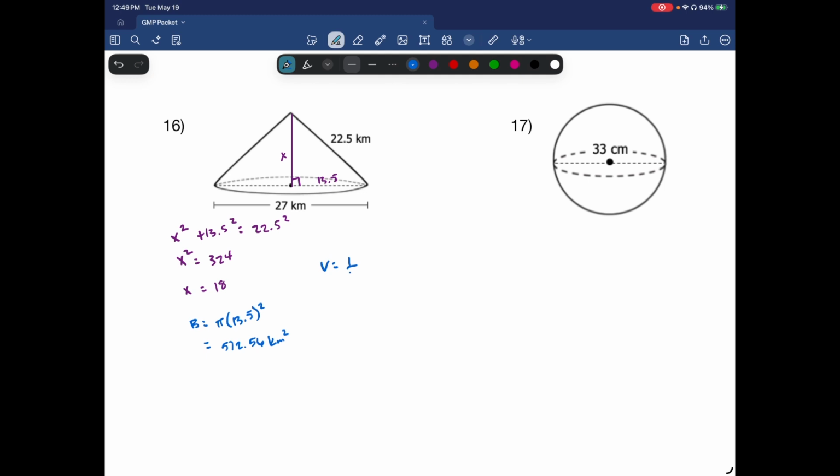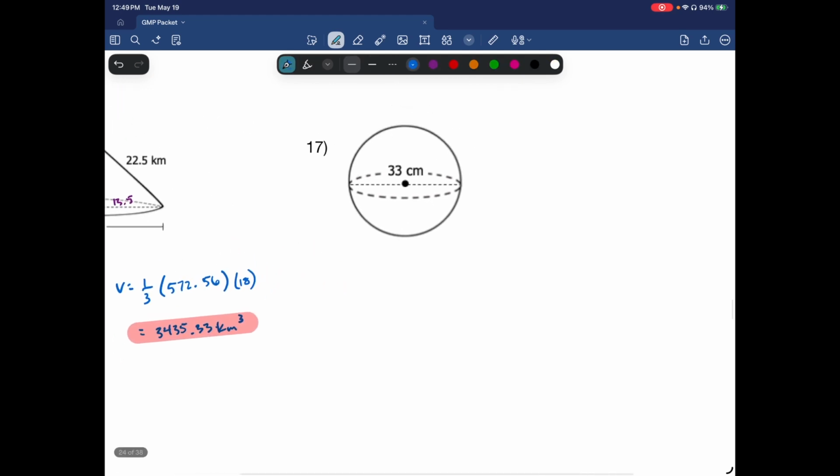So 1/3, because it's going to a point, times the base area, 572.56, times the height, which we found to be 18. All right, so it's going to give me a volume of 3435.33 kilometers cubed.